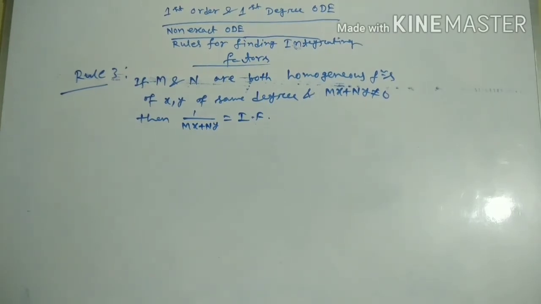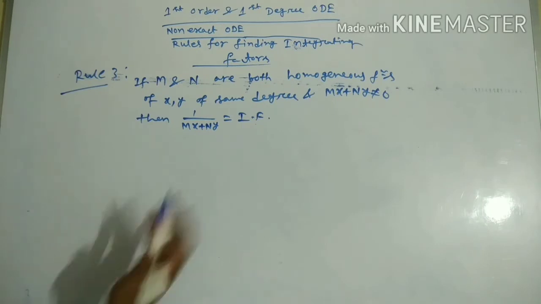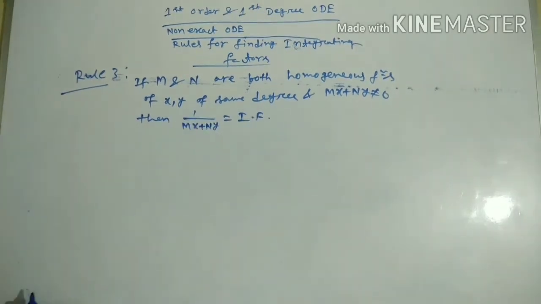So if M and N are both homogeneous functions of the same degree, then the integrating factor will be 1 by Mx plus Ny. So I will take an example.